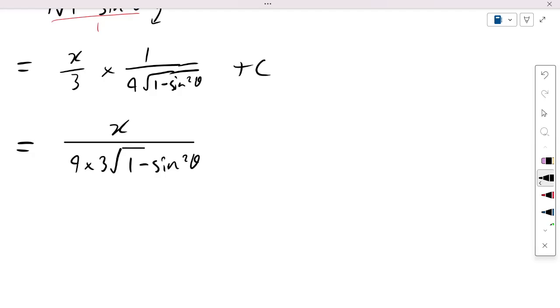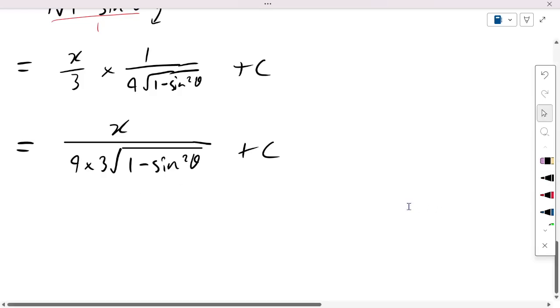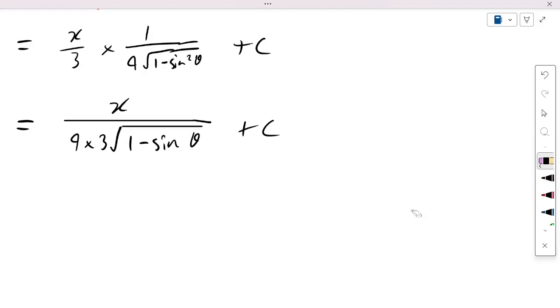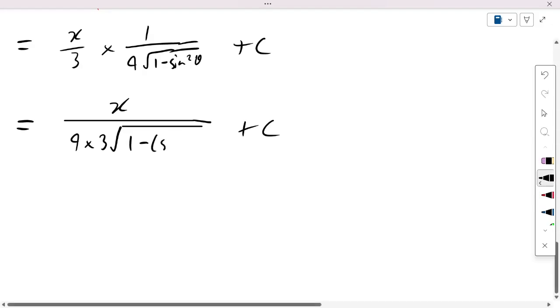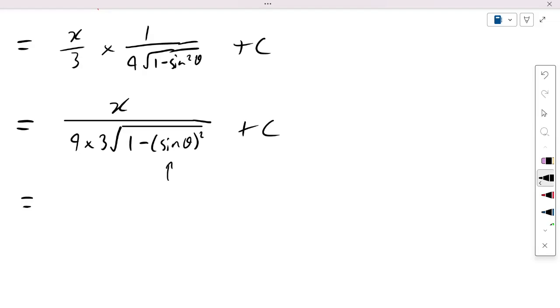Okay, now that we've got that out of the way, we need to substitute sine theta. But how can we do that? We know that we can write sine square theta as sine theta all squared, like that. Because of that, we know what sine theta is. Sine theta is equal to x over 3, which was initially inputted there.